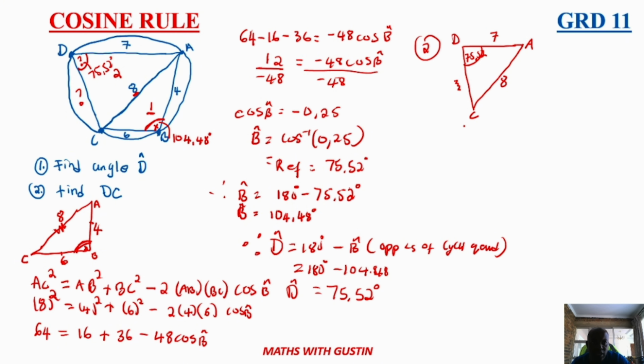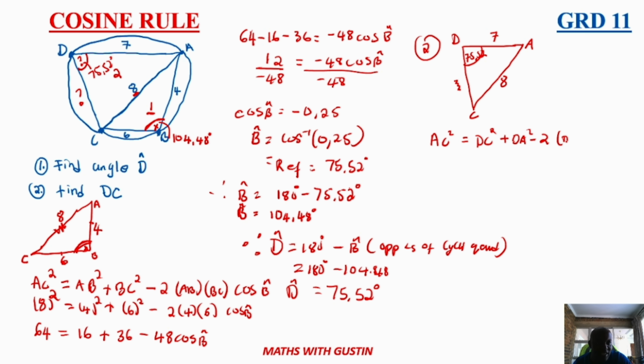We are going to say AC squared is equal to the other two sides here, which is DC, which is what we are looking for, plus DA, not DA of a parallelogram, but just DA on this triangle.